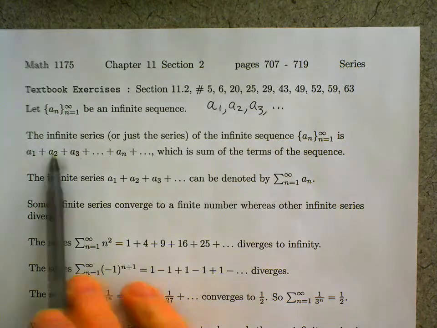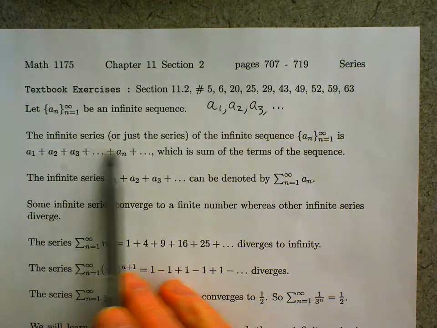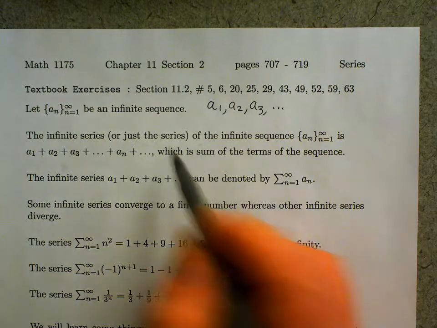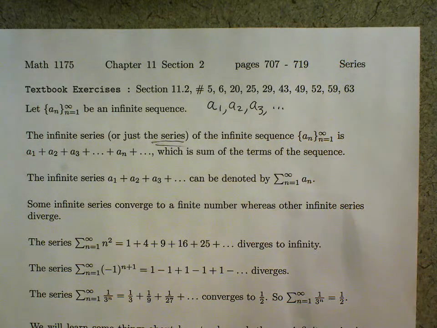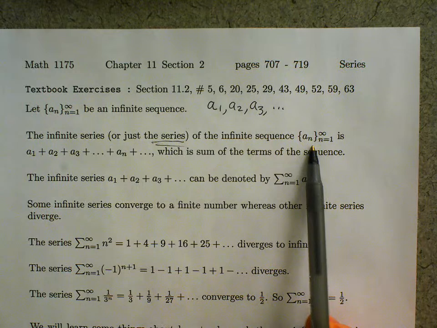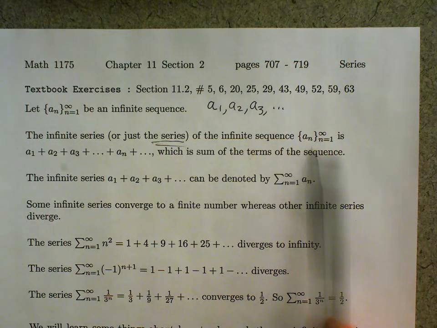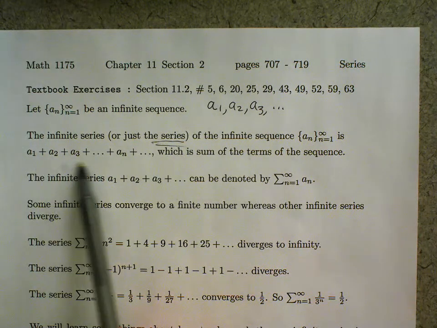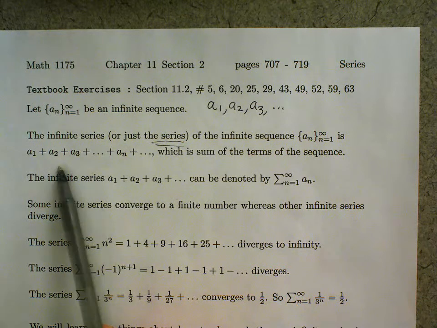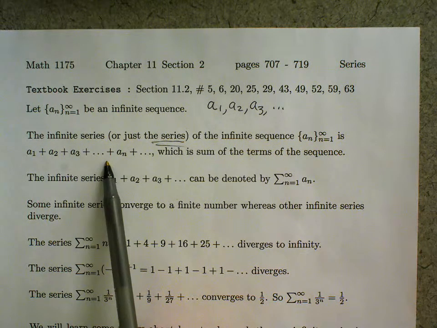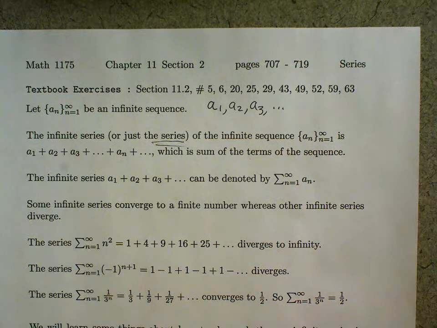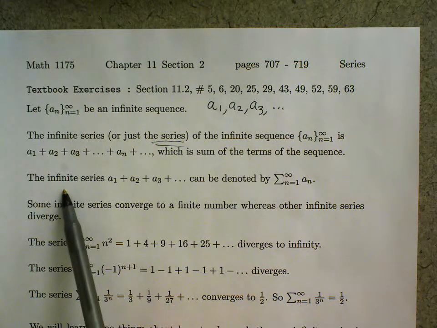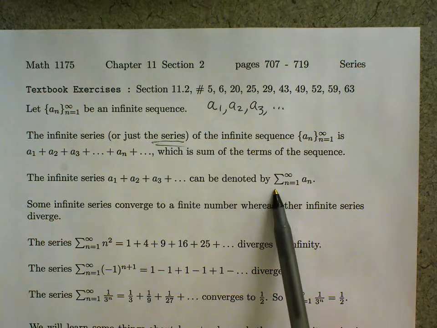The infinite series, or just the series of an infinite sequence A sub n, is the sum of all of the terms from that sequence, A sub n. And one way to denote that is using sigma notation.